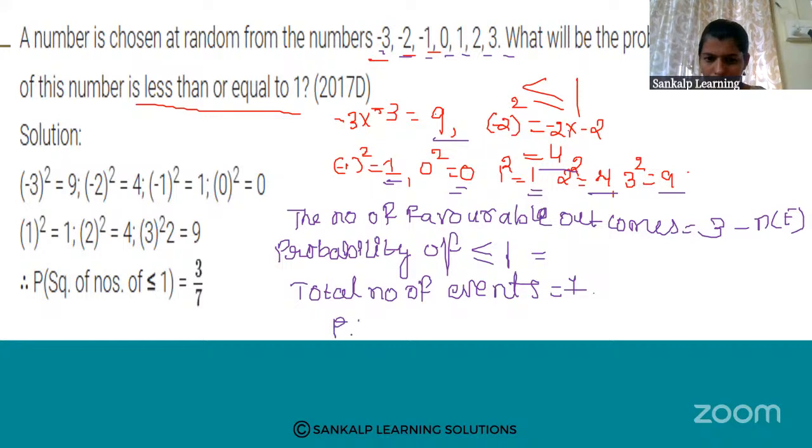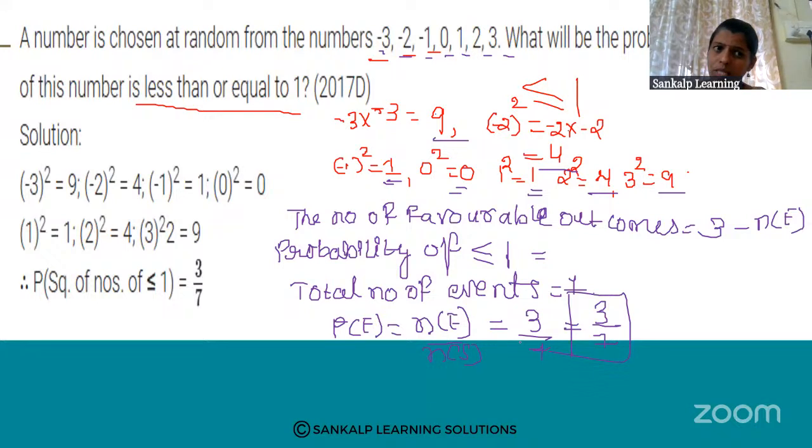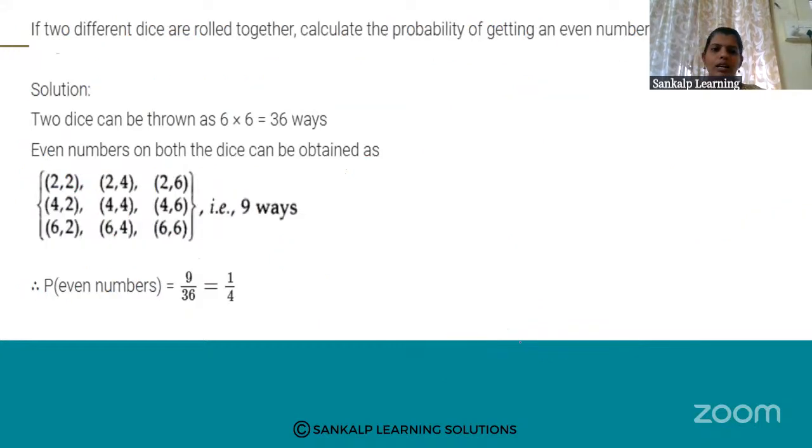So P of E is equal to n of E divided by n of S. So n of E is 3, divided by total number of outcomes 7. Therefore, you will get 3 divided by 7. This is the probability of the number less than or equal to 1.